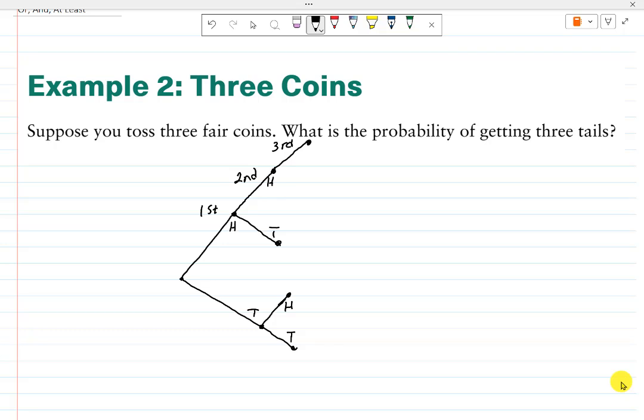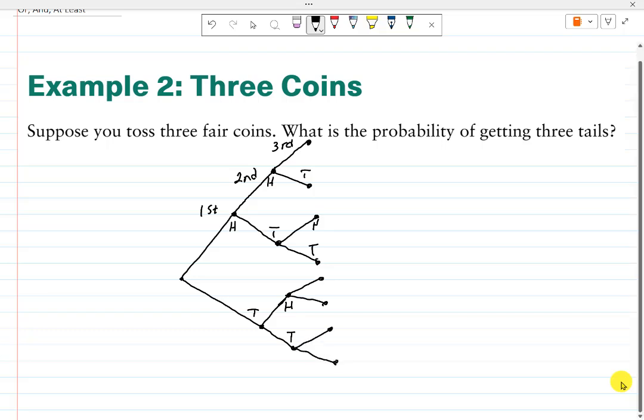So I have heads, tails after that flip, and then we have heads and tails after that flip down there. And then let's see if I got enough space. Space gets a little crowded on these things if you don't do them perfectly. So let me get my little heads, tails, heads. Let me put tails down there.